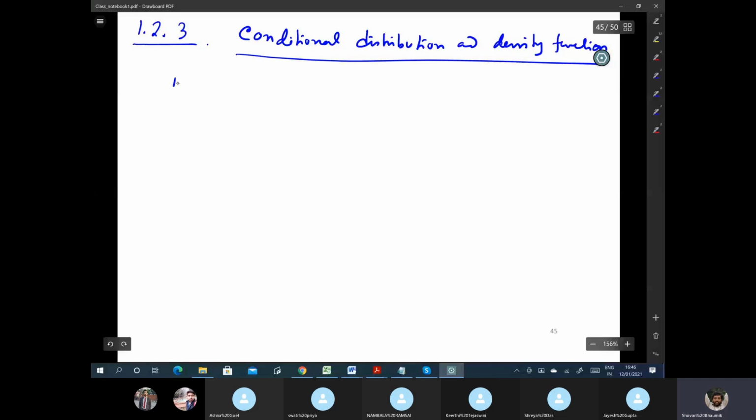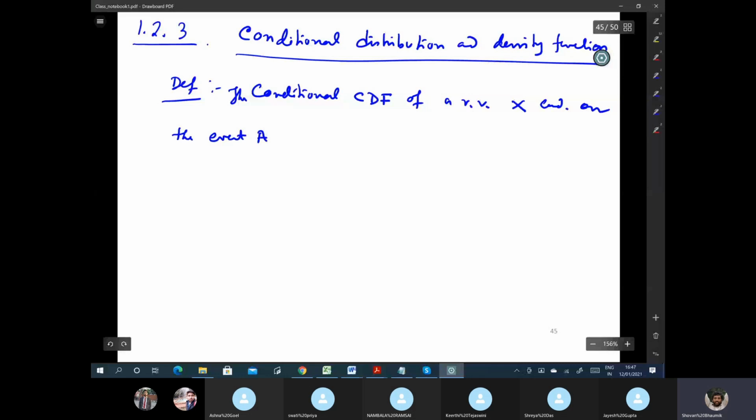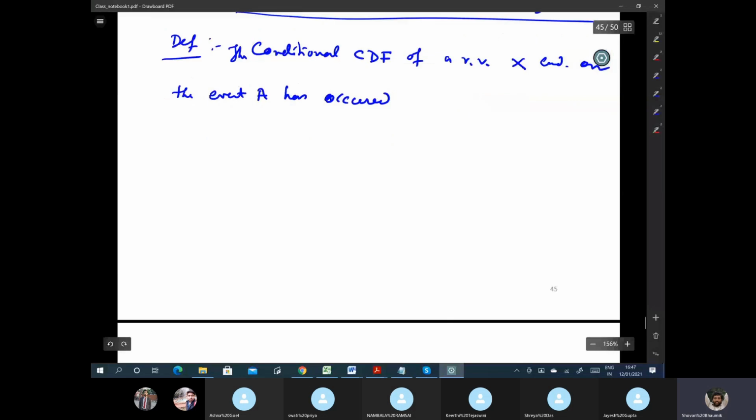So the conditional cumulative distribution function, the conditional CDF of a random variable X conditioned on the event A having occurred. How can we write that?